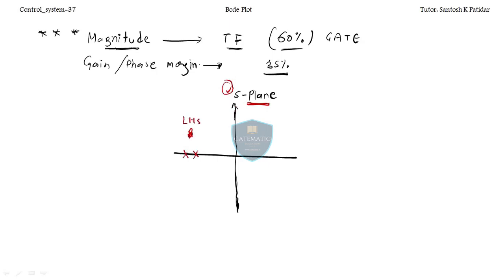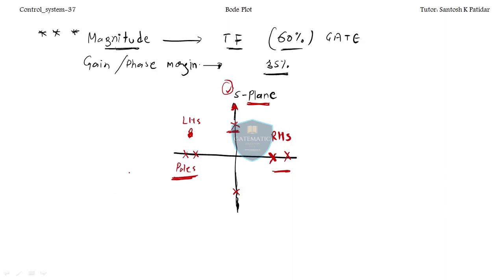Left hand side of the S plane means the left hand side of the imaginary axis. If you have poles there, your system will be a stable system. If you have the poles in the RHS, your system will be an unstable system, isn't it? If you have your poles on the imaginary axis, this belongs to the marginal stability category. So this classification is based on the finite poles and zeros location.